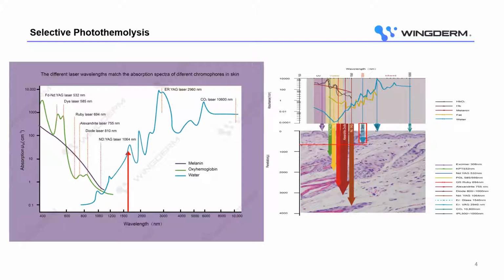So the erbium laser is safe for all skin types. There's no more risk for the non-ablative, non-selective tissue. From this data, you can see the depth of penetration of 1550 erbium laser is not more than 1000 mil.